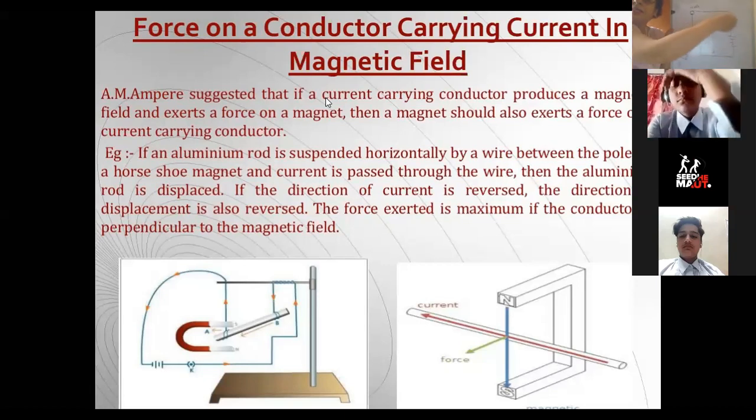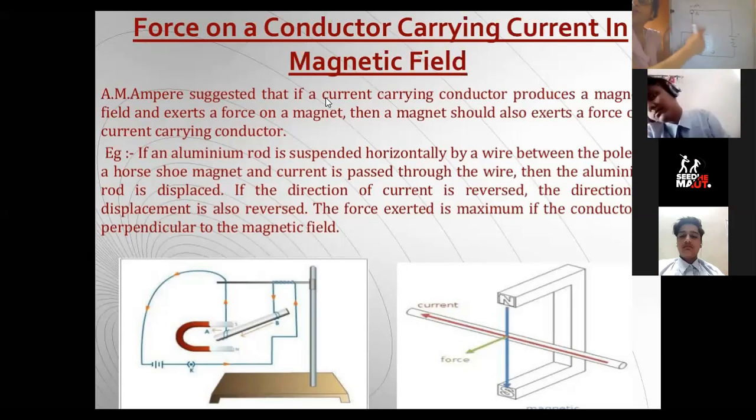Now, once the electricity flows through this whole setup, what will happen? Due to the magnetic field, this conductor, that is conductor AB, will experience a force.